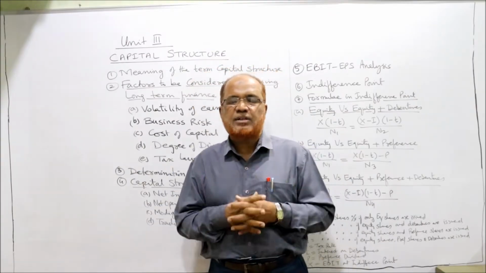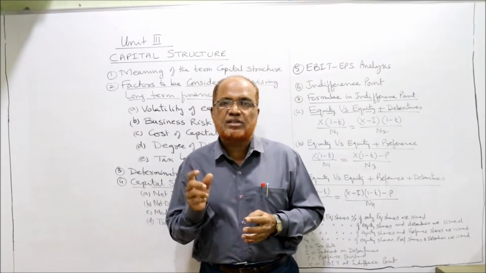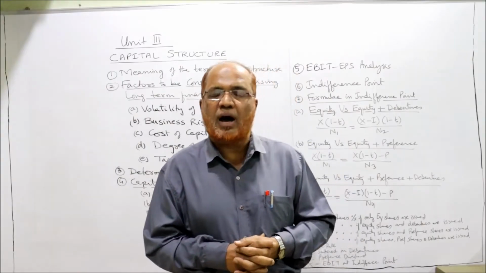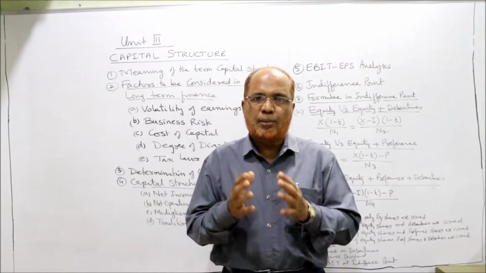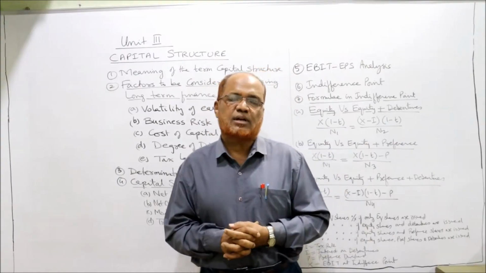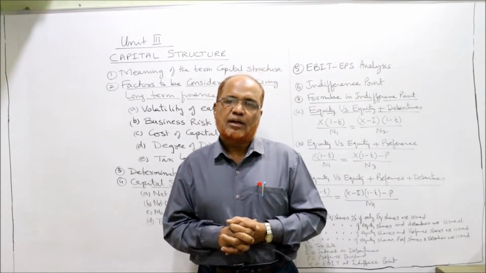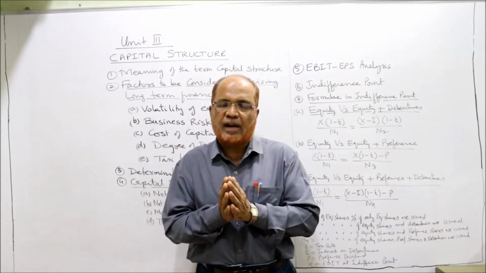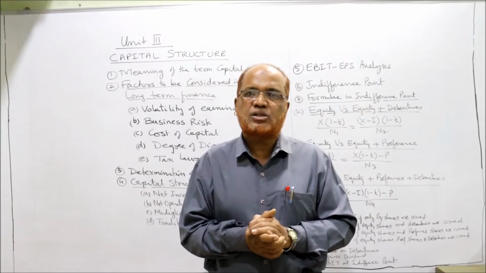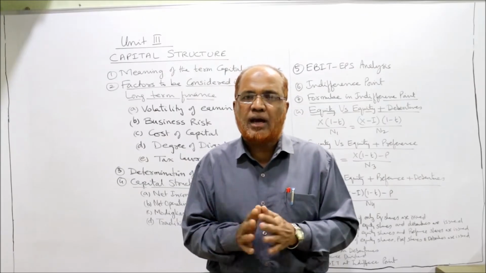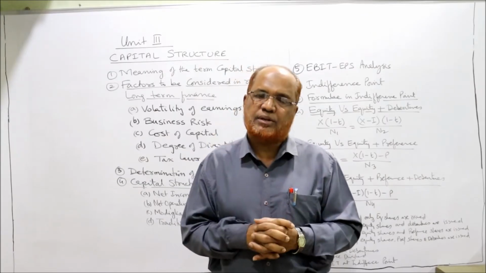And that capital which does not carry any fixed commitment is called unlevered capital. So equity comes under unlevered capital, preference and debentures come under levered capital. It is the responsibility of the finance manager to make a proper combination of all these three sources of funds. No company can depend only on one form of capital.